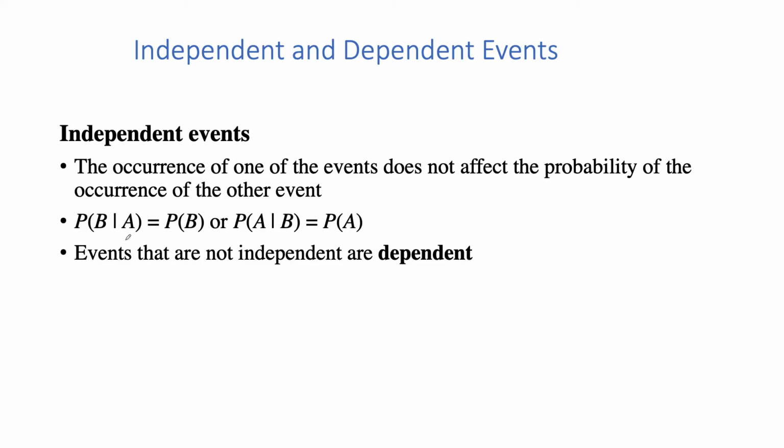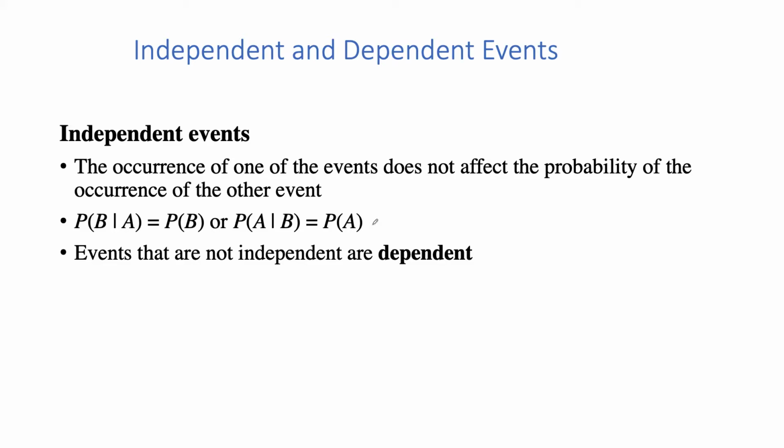That's what the notation is saying. A has no effect and doesn't alter the probability that B will happen next, so the two events are independent. And you can reframe it: the probability that A will happen given that B has already happened is just equal to the probability of A for independent events.